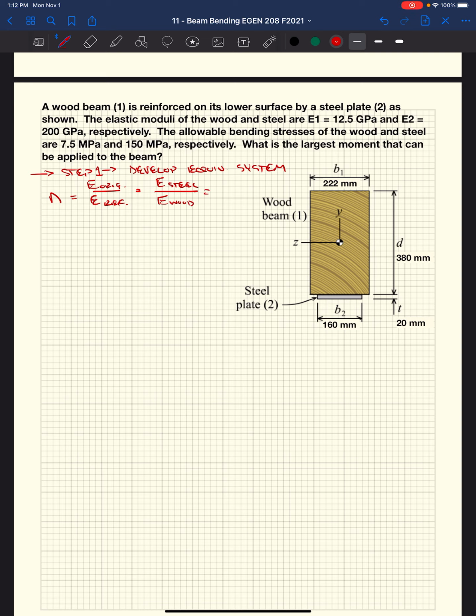We get an n of 200 gigapascals over 12.5 gigapascals, or we get an n ratio of 16. All that's really saying is that steel is 16 times as stiff as wood.